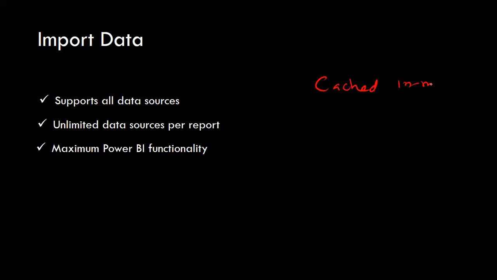The data gets cached in memory in the case of import connectivity mode. Since the data gets cached in memory, the performance is pretty fast.